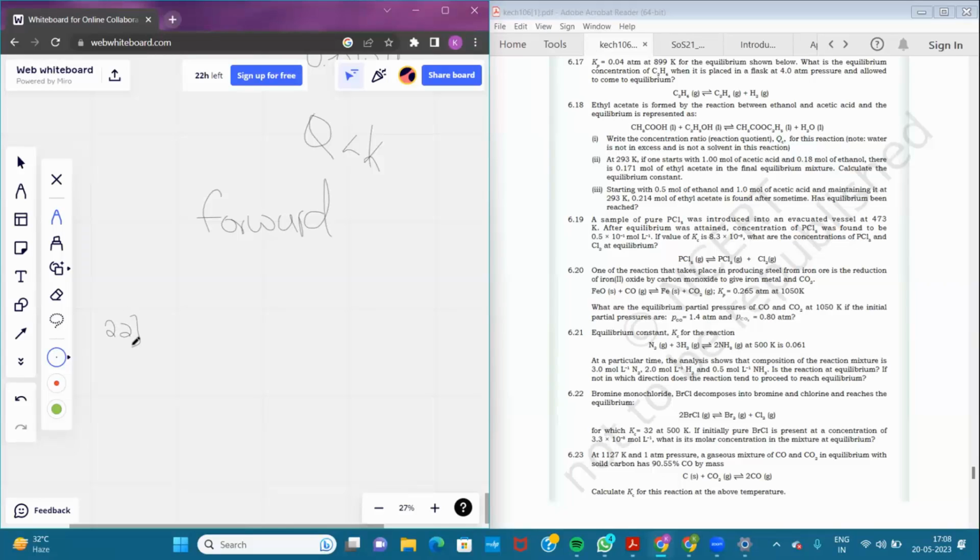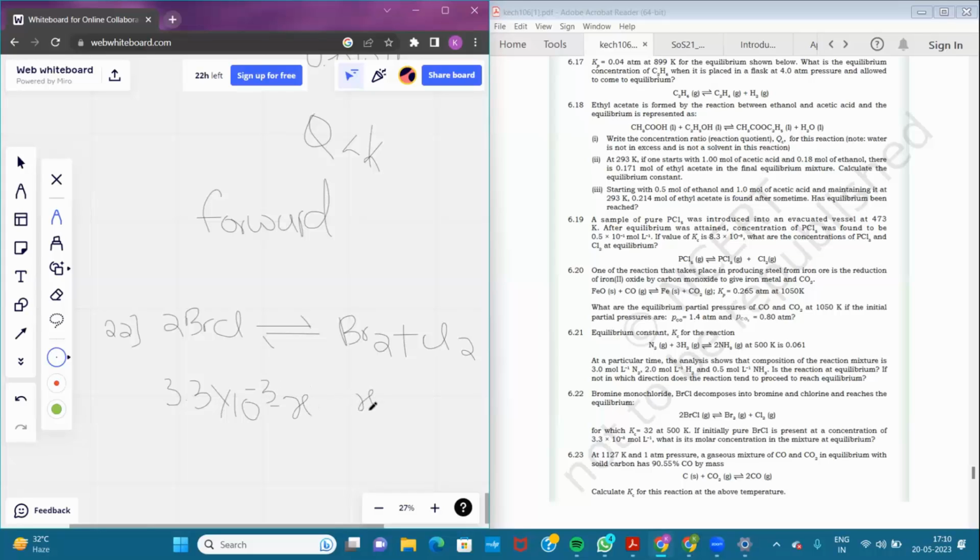22nd question. We'll just finish this question. Initial pure BrCl is present at a concentration of 3.3 into 10 power minus 3. What is the molar concentration in the mixture at equilibrium? Okay. Kc is given, BrCl initial concentration was given. This is 3.3 into 10 power minus 3. We'll just consider x minus 6.